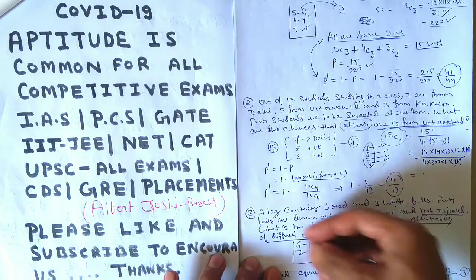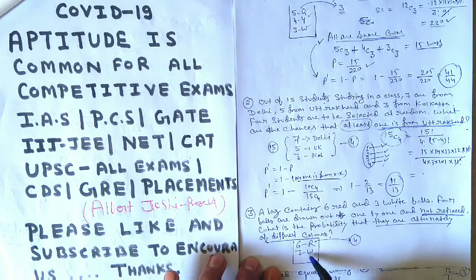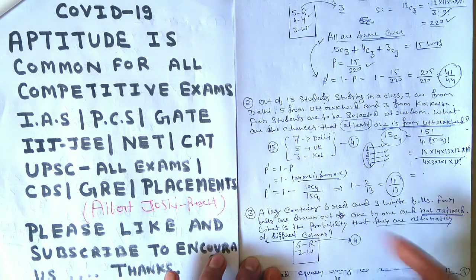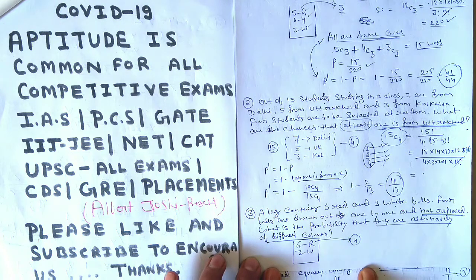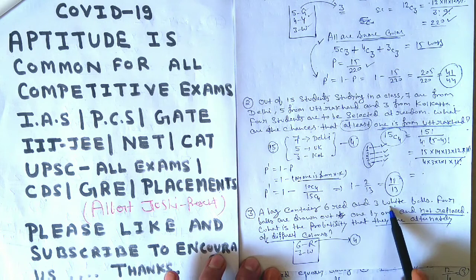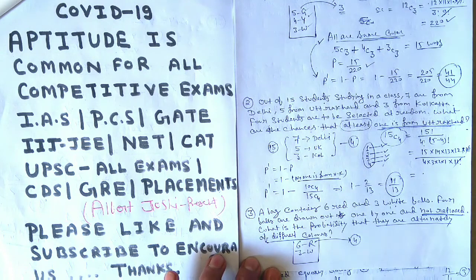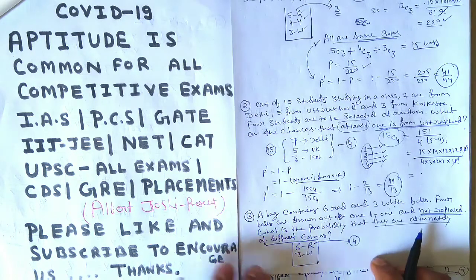It means that you selected one ball, that is red, then white, then red, then white. One by one, this is a different color. So in this condition, how will you solve it? You have 6 red and 3 white balls. So in this condition, there are cases.